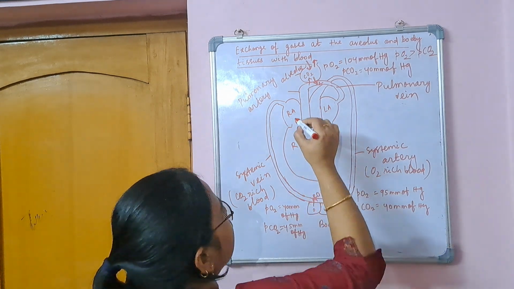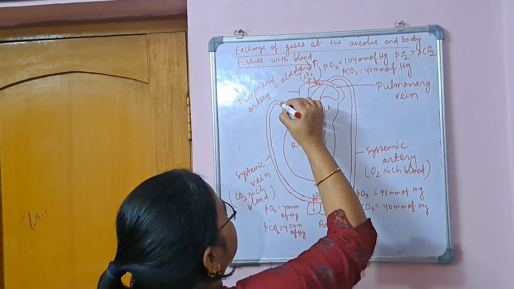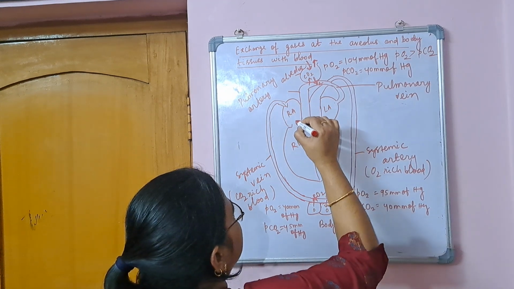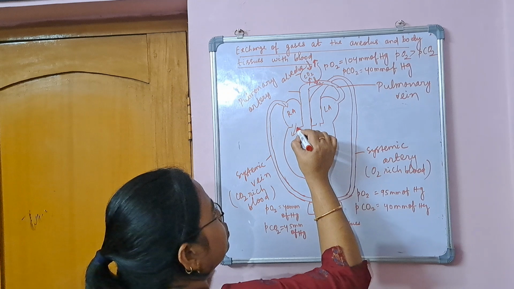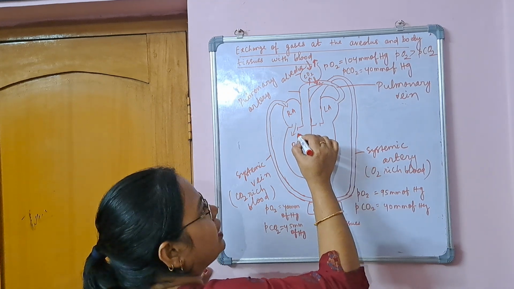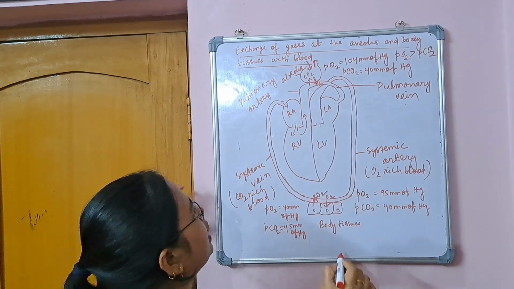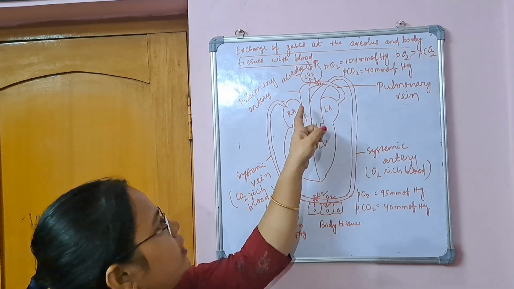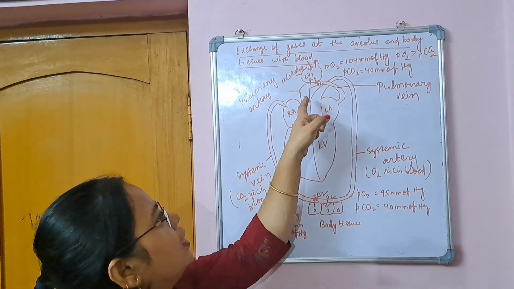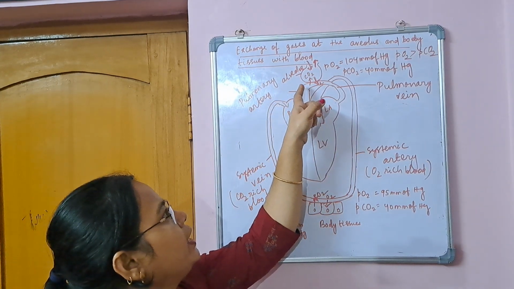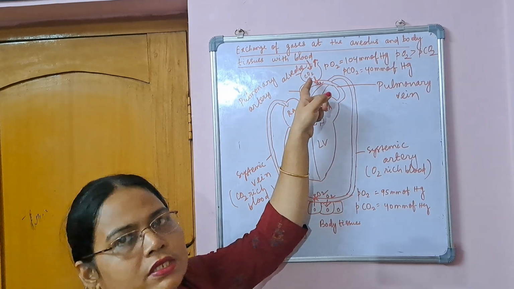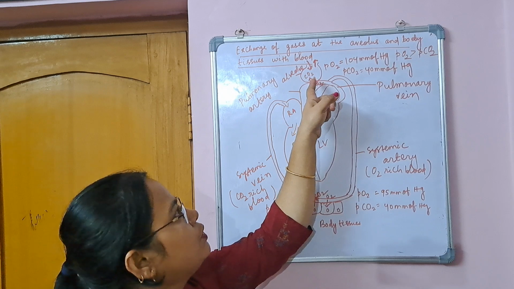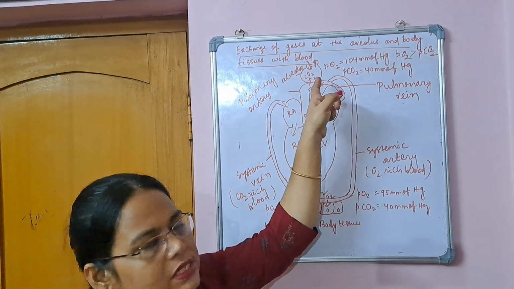Whenever CO2 rich blood enters the right auricle, it enters the right ventricle through the tricuspid valve, then goes to the pulmonary artery, and the CO2 rich blood from the pulmonary artery goes to the lung surface, the alveolar surface, where CO2 is given out and O2 is added.